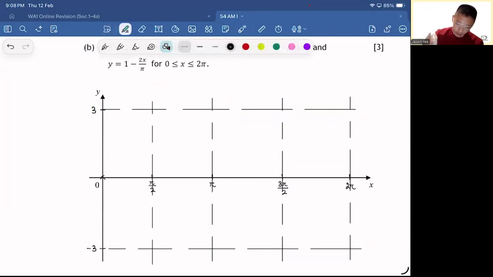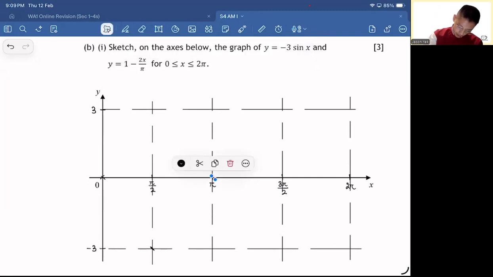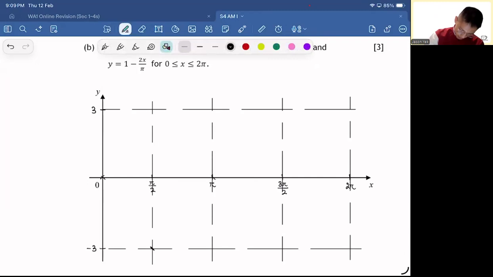But otherwise, if you do, just take the calculator, plot pi by 2 is going to be 1, negative 3 times 1 is negative 3. Then you carry on. Up and down. After that, when you draw your curve, make sure it is smooth. Flowing. Okay, sorry, this is not smooth.